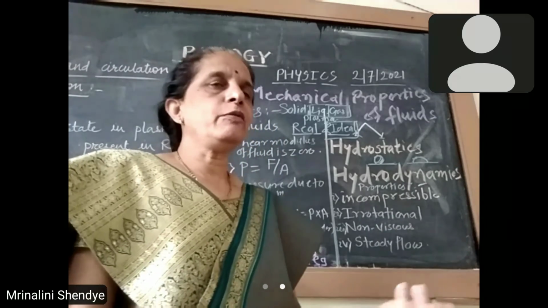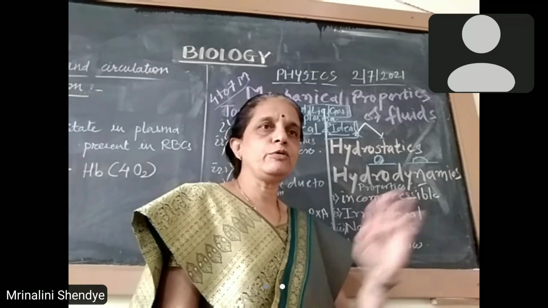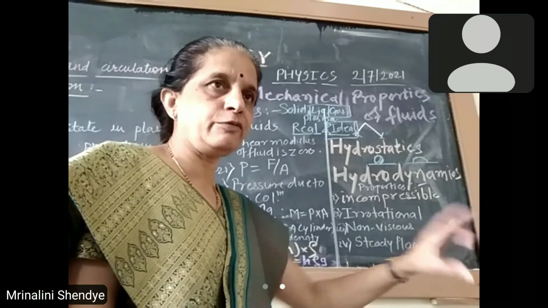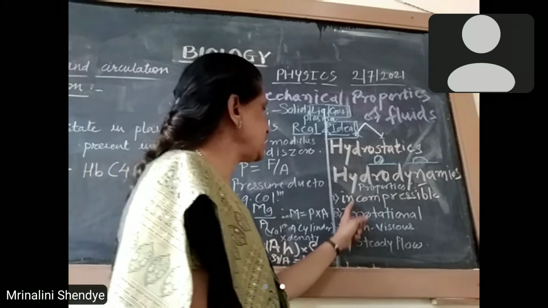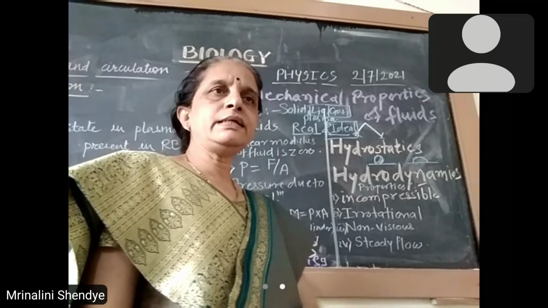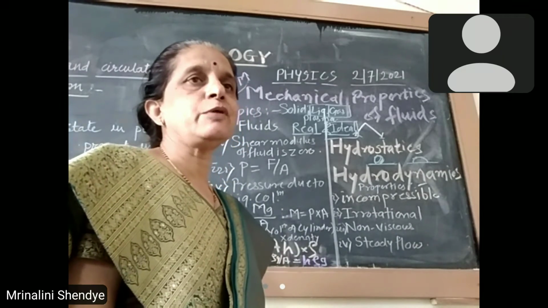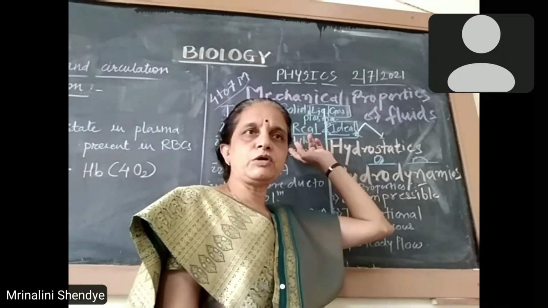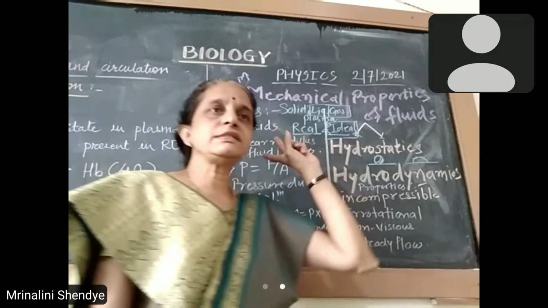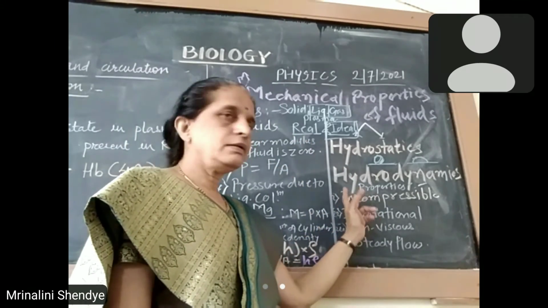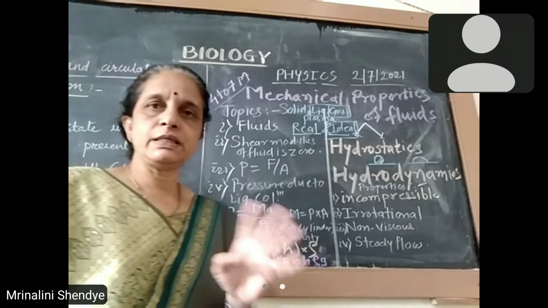Steady flow: obviously, it must flow from one point to another, and that's why it has a steady flow of matter. So these are the properties you have to remember. Any of these properties may be asked in an MCQ question, so this is a very important lesson for MCQ-type questions. Remember the properties properly.